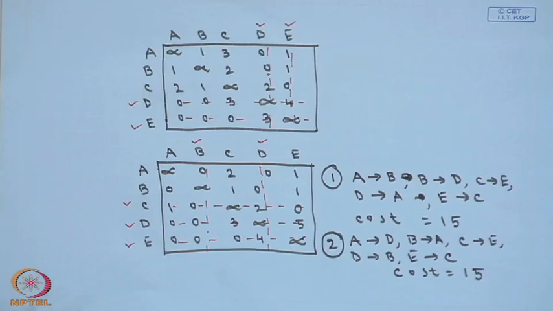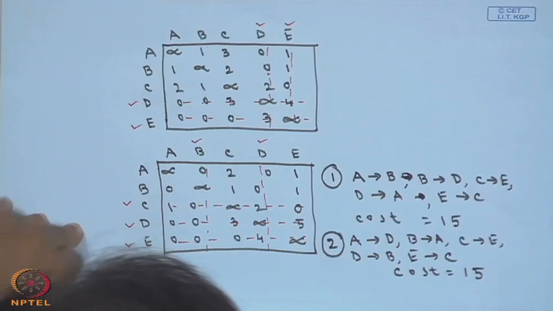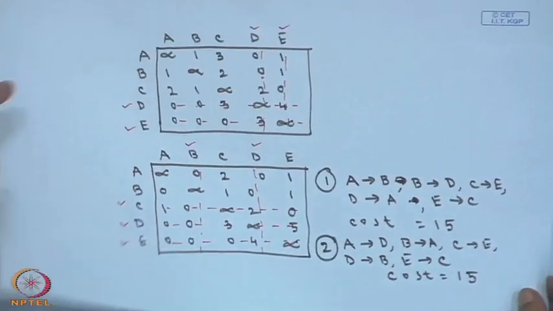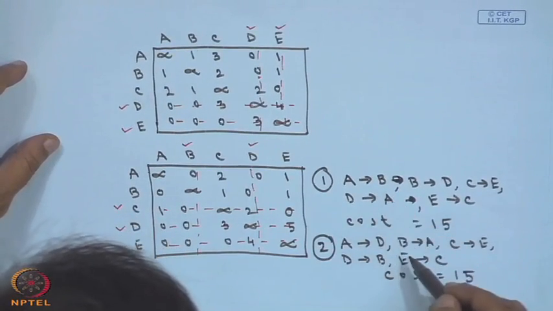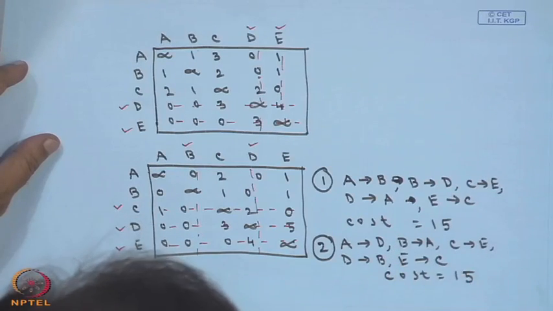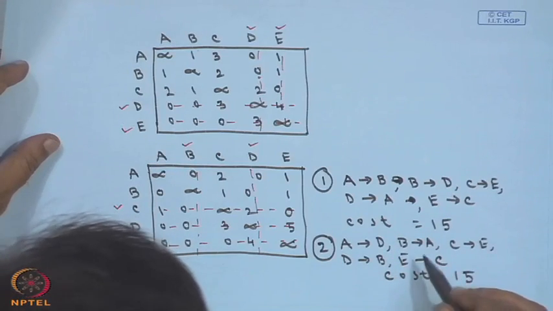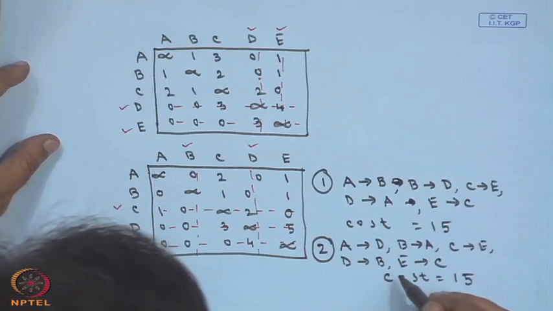Now, both solution 1 and solution 2 are solutions of the assignment problem, but not the solution of the TSP. So, I have to check both the cases separately. I will purposefully take the second case first, that will be easier.